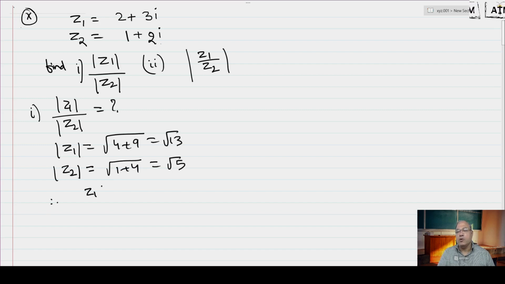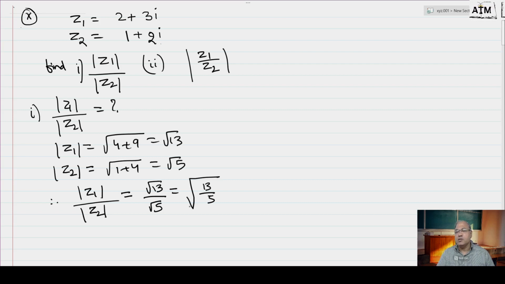Therefore, the modulus of z1 upon the modulus of z2 equals root 13 upon root 5. This is the result of question number 1.